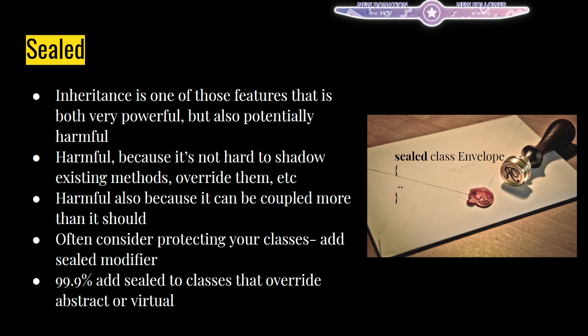And also, for a class that overrides another class with abstract and virtual modifiers, you should definitely seal it. Because if you override it once, you can override it twice, and that makes things complicated. A complexity that you don't want, and a risk that you don't want as well.